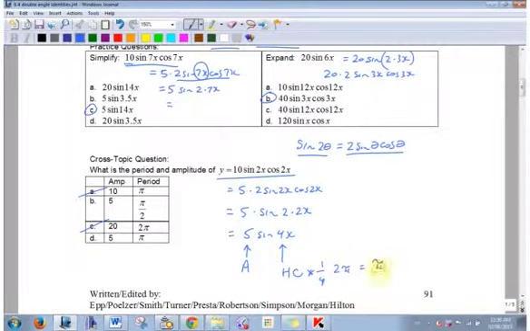Okay, so that's one way to think about it. The other way to think about it is, if you recall, period is 2 pi over B. That's B. So the period is 2 pi over 4, and again, I get pi over 2. Either way, right? Good question. Probably end up on your final.